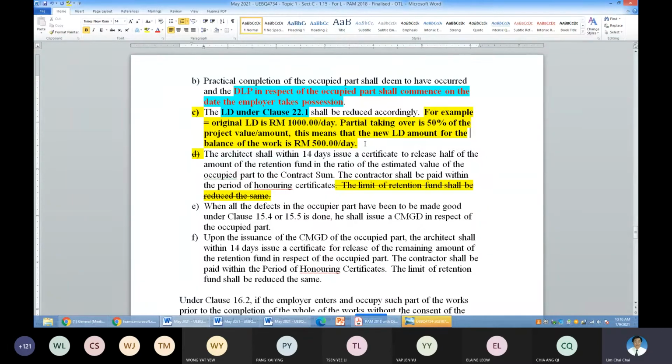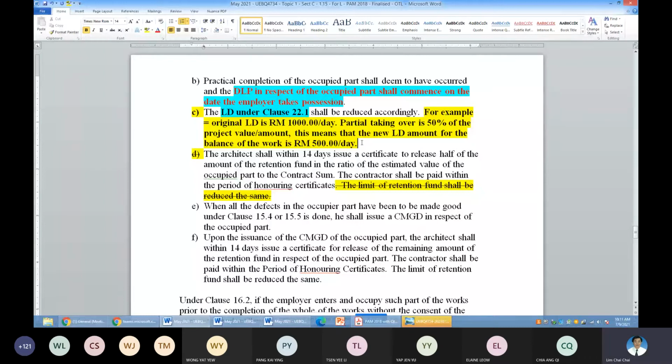The earlier one is still ongoing. But in this case, because there are two sections, one already taken over, and then the balance one, the balance one will be 500 per day.